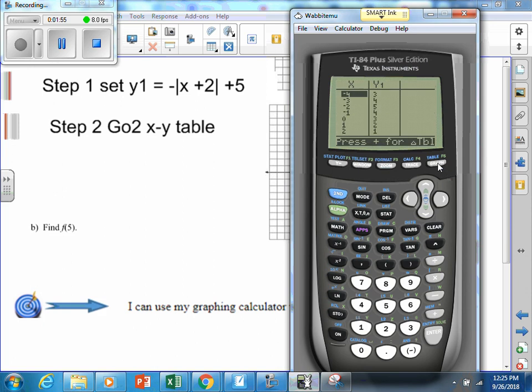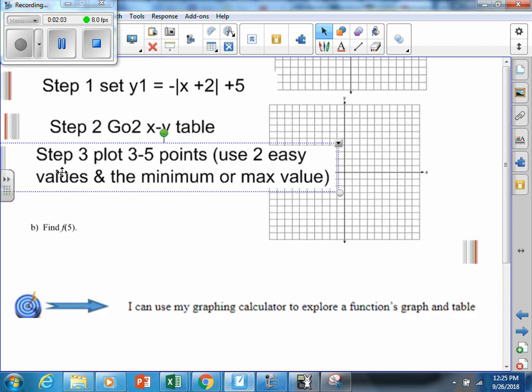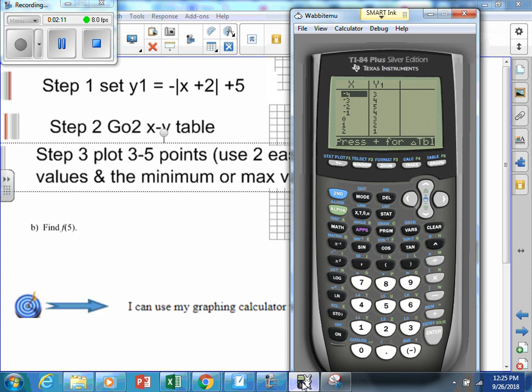Step 3. We are to plot 3 to 5 points using easy values and the minimum or the maximum value. Like in our previous question, we're looking at our Y chart, and we're looking for the max value and the minimum value. I see -8 is increasing.